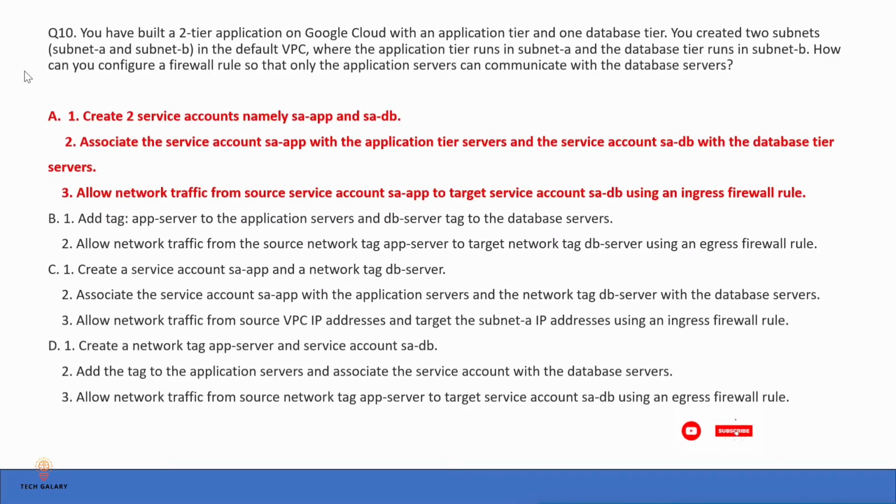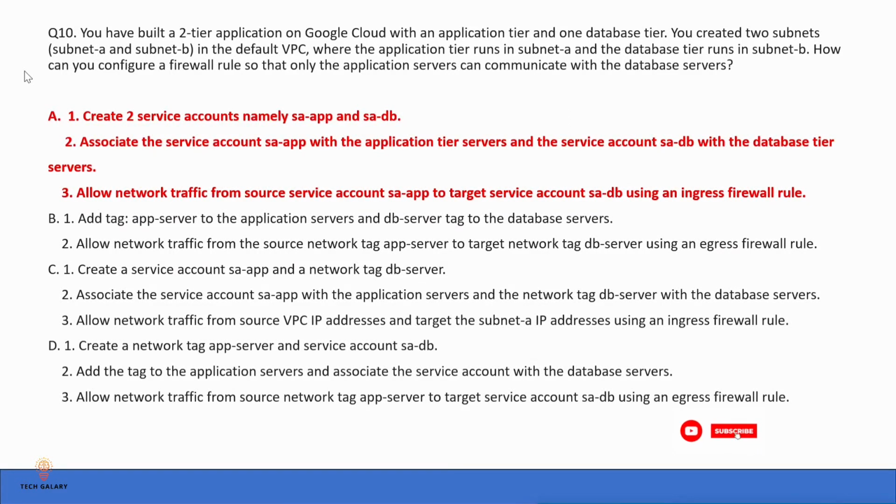This option is incorrect because network tags are not the appropriate mechanism for controlling access between different components within a VPC. Network tags are generally used for targeting resources for specific configurations or actions, but they do not provide the necessary granularity for controlling traffic between specific servers.